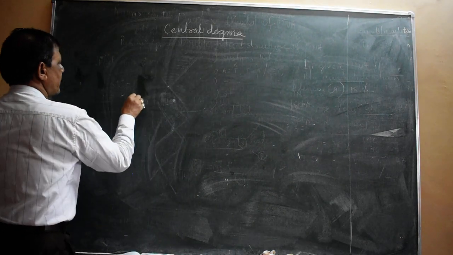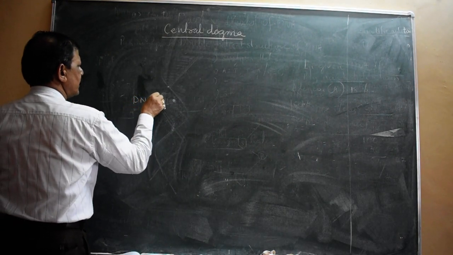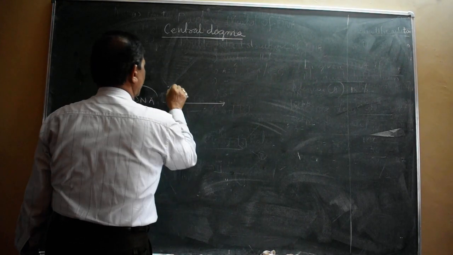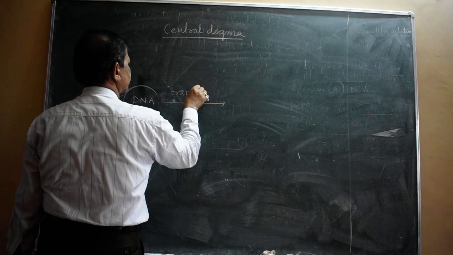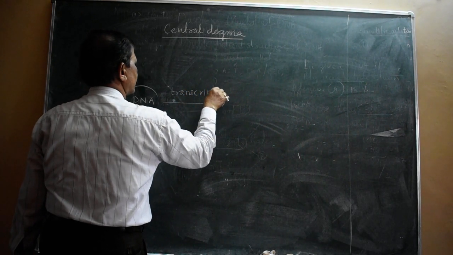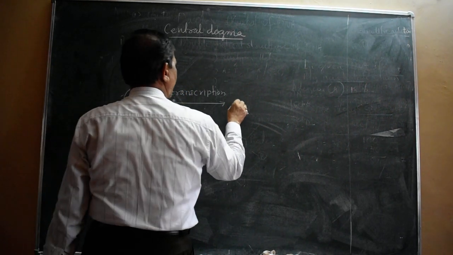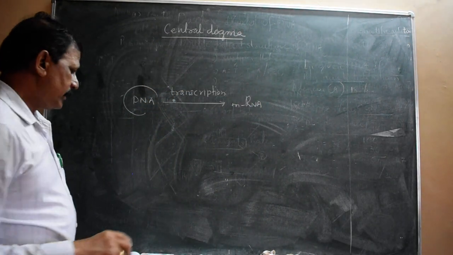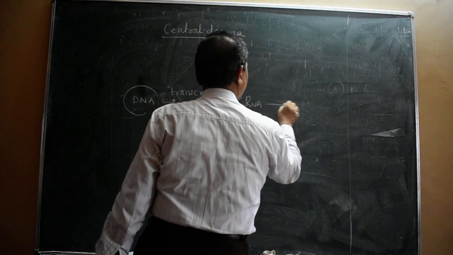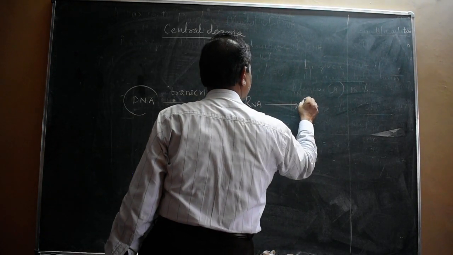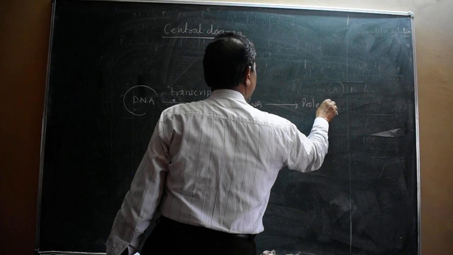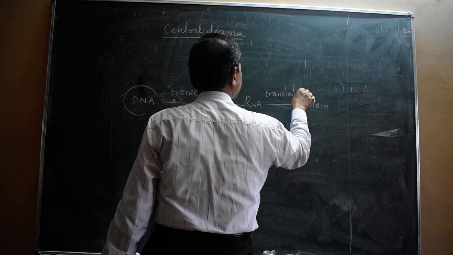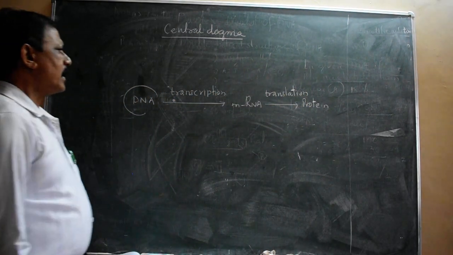See here, for example, this is a DNA molecule. When it undergoes transcription, it is converted into mRNA. You studied this already, and this mRNA further undergoes protein synthesis, and that is protein, during translation.